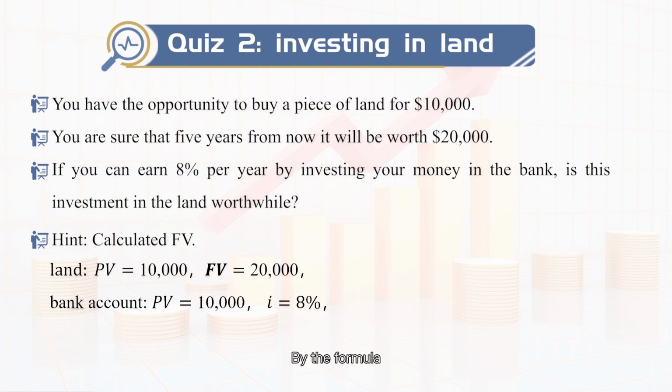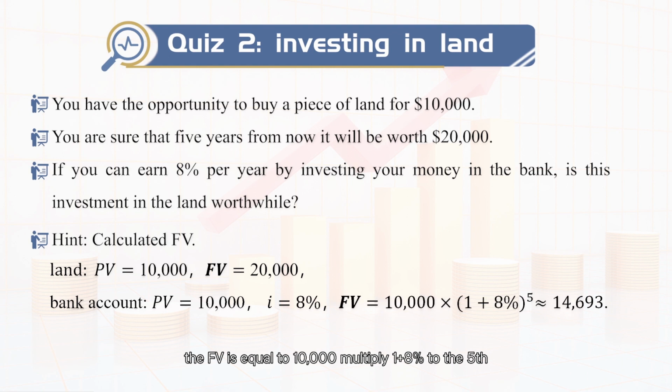By formula, the FV is equal to 10,000 multiplied by 1 plus 8% to the fifth, which is $14,693. So compared with the bank account, the investment in the land has greater future value. In conclusion, the investment in the land is worthwhile, and this conclusion is consistent with that of the NPV rule.